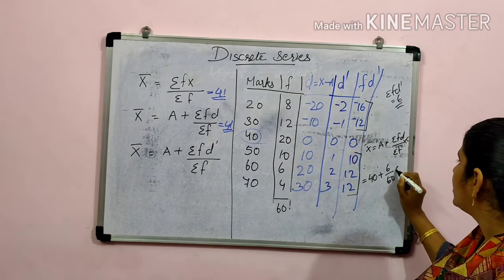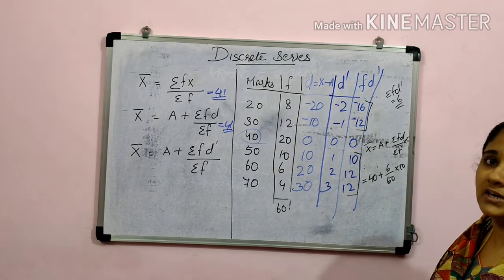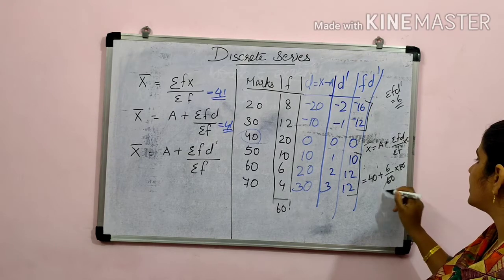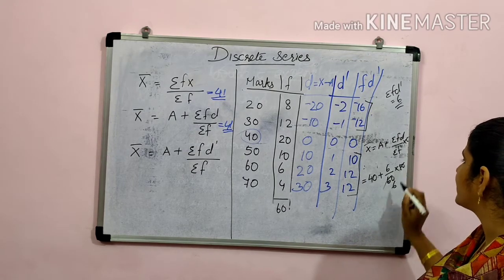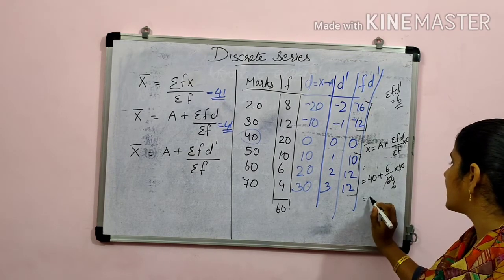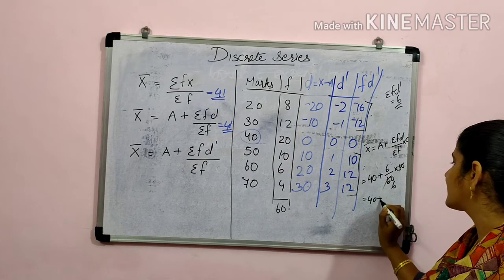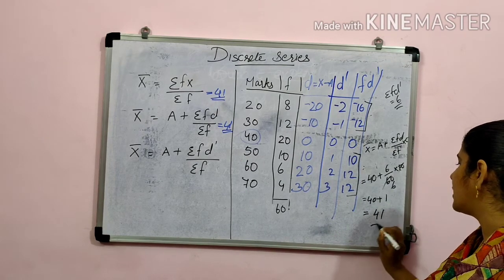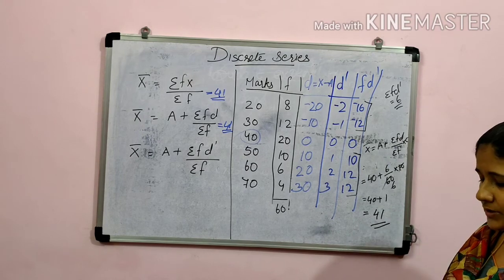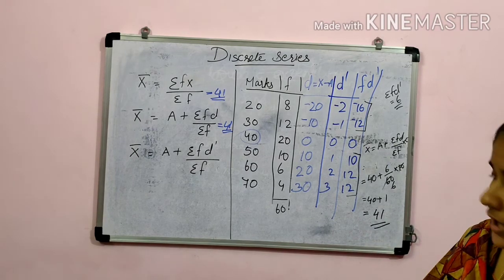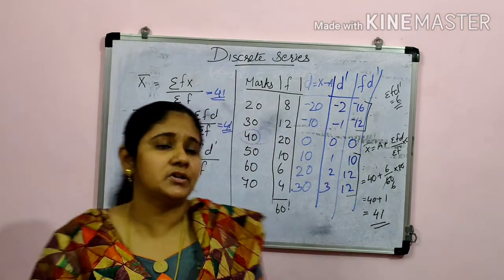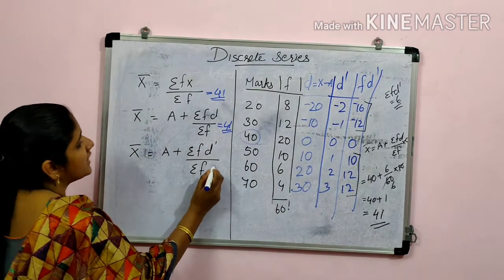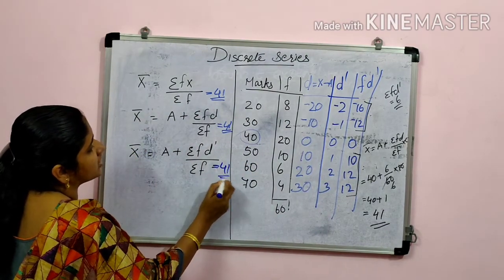Here, all of you know, we are multiplying with our 10 value, so 6 upon 6 is equal to 1. Then again 40 plus 1, so our final answer again is 41. So we have done the calculations with all 3 methods, and here also we have got 41.